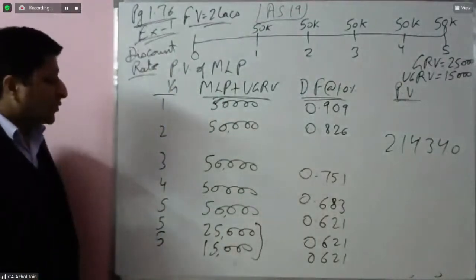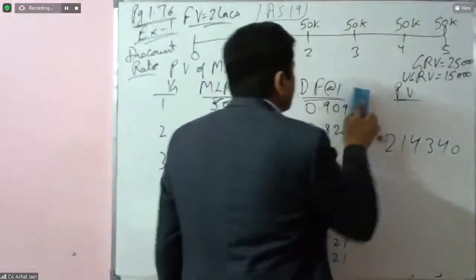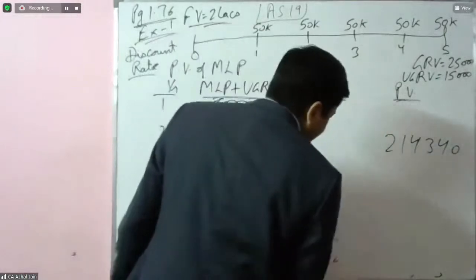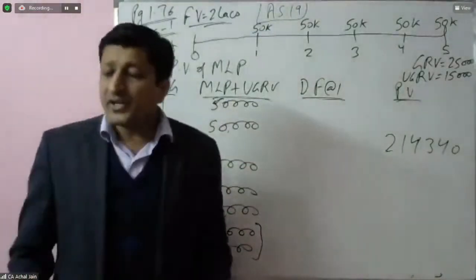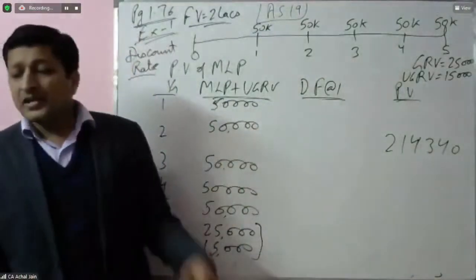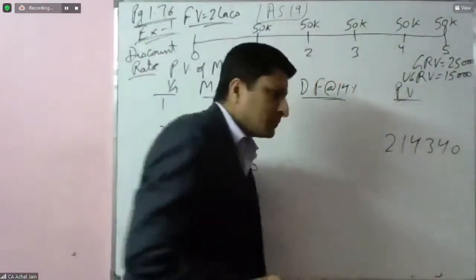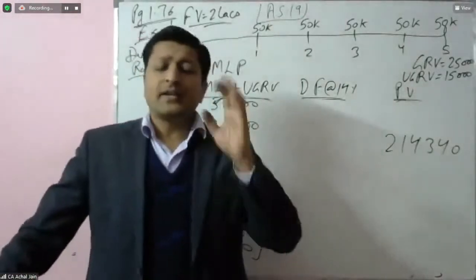Instead of taking 10%, we will take another rate. You may be thinking, do we necessarily take 10% and then another rate? Let's suppose we take 14%. Is there any rule? No. Any other rate you can take.